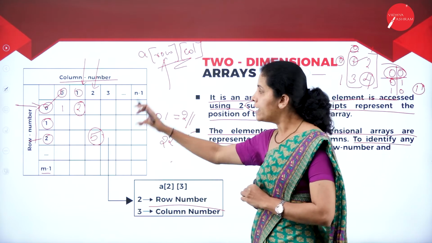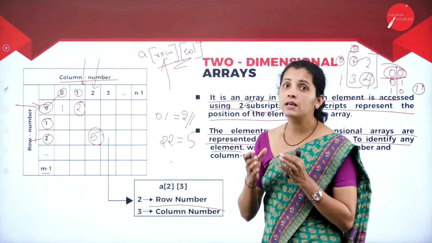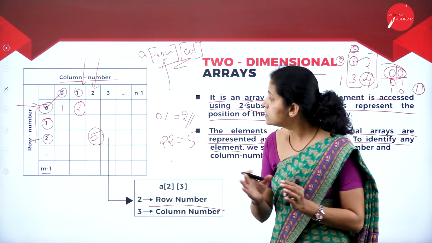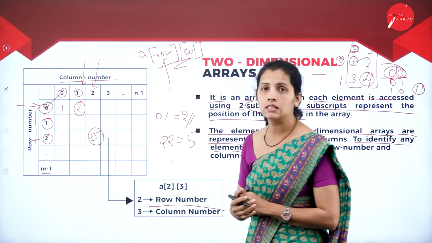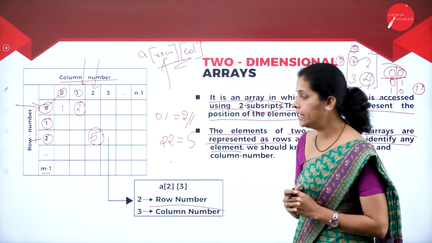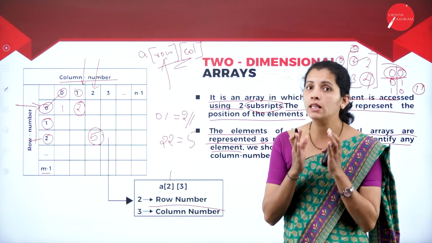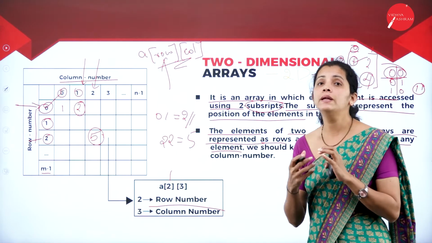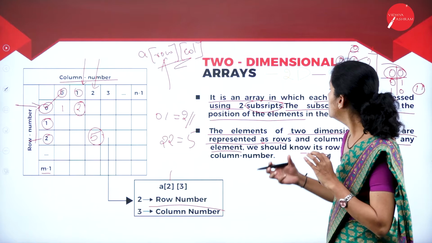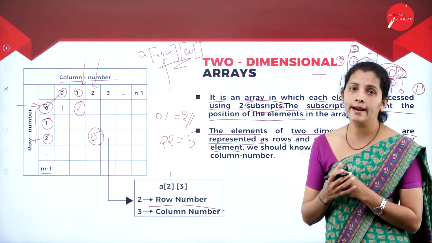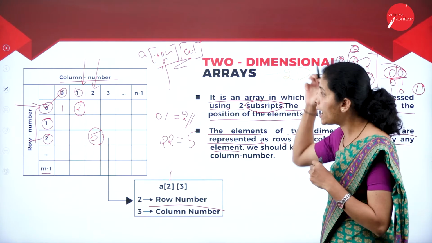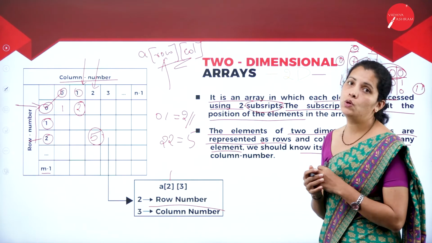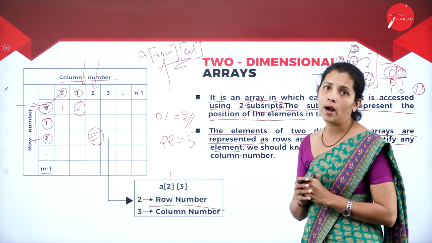To identify any element present in the 2-dimensional array, I must know the row index as well as column index. Just remember one thing, that in two-dimensional arrays, the elements are represented by using rows and columns. And if I want to access that element, I must know the row value as well as column value.